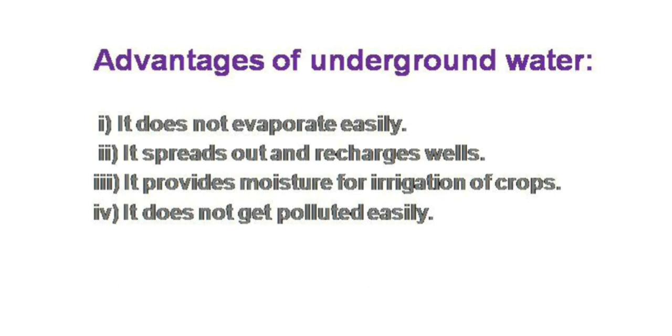It does not evaporate easily and it spreads out and recharges the wells. It also provides moisture for irrigation of crops. So finally, whatever water comes through the rain, it usually gets saved as underground water.